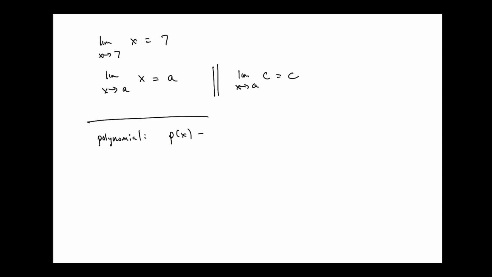It'd be something like p of x equals, well, what's an example of a polynomial? Just pick one. x squared, right? And you could doctor it up and add other terms. But what is a polynomial in general? It'd be something like this.